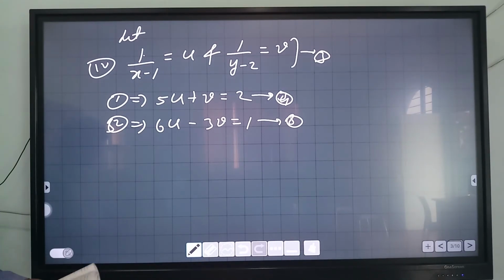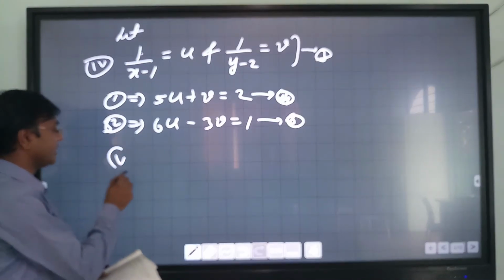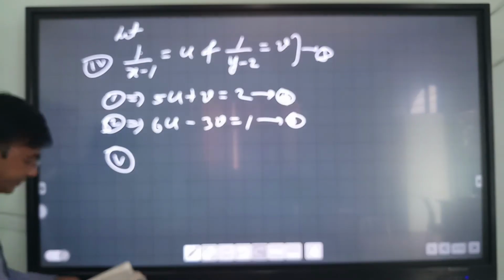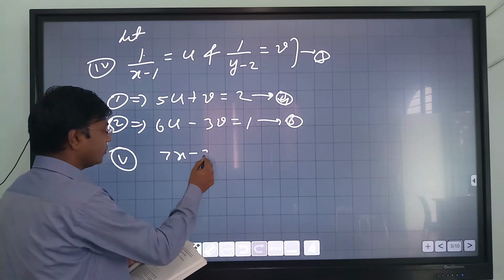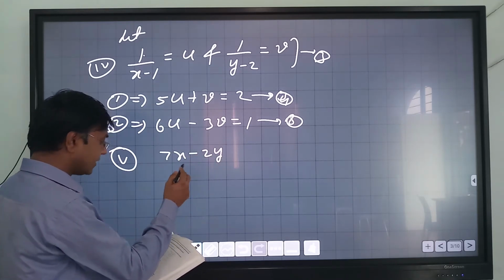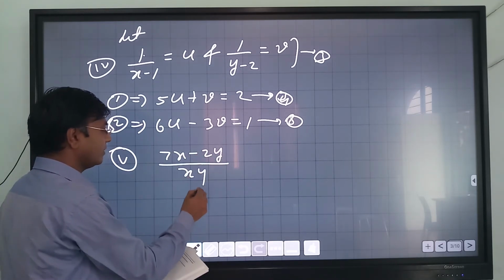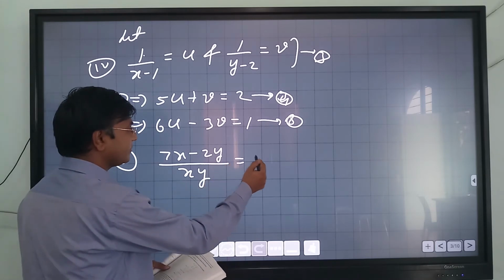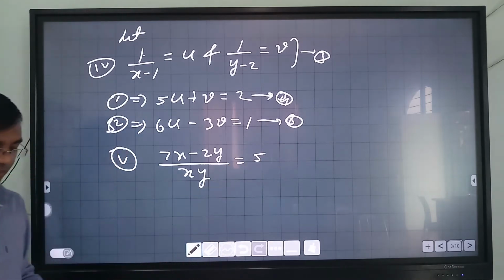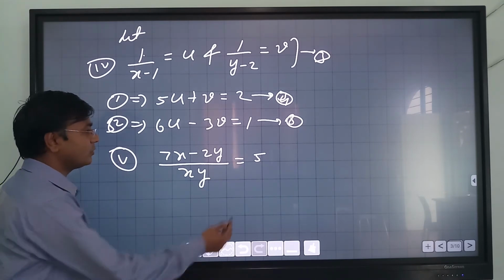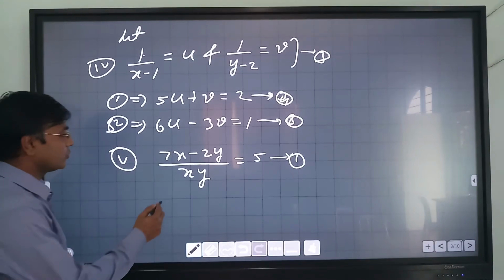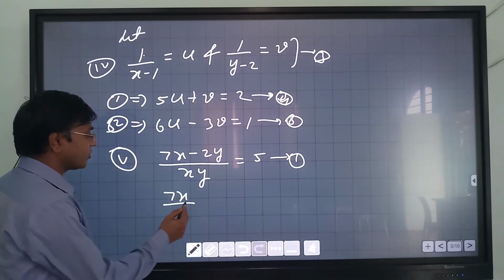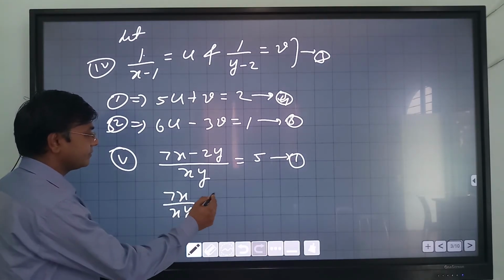So you can simplify. Now I am taking fifth part. This is little different as compared to till fourth part. You can also see this time the equation is given like this. Okay. So what we will do? This is the equation first. So this time we separate the terms like this.